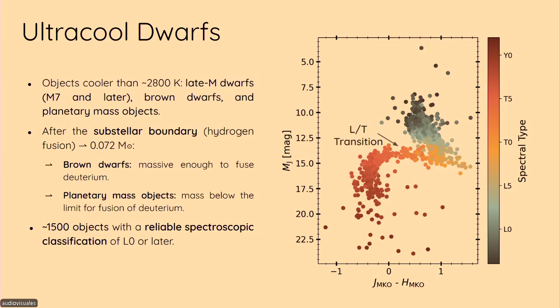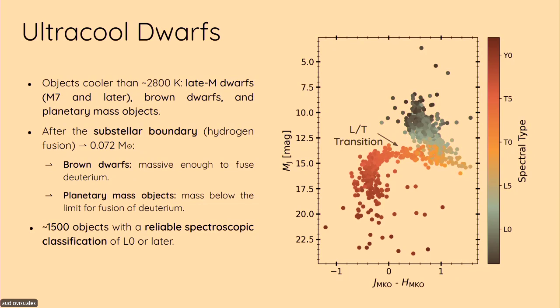Okay, and just for you to get an idea of these objects, in the most up-to-date compilation of ultra-cool dwarfs with a reliable spectroscopic characterization, we can find around 1,500 objects with a spectral type of L0 or later.